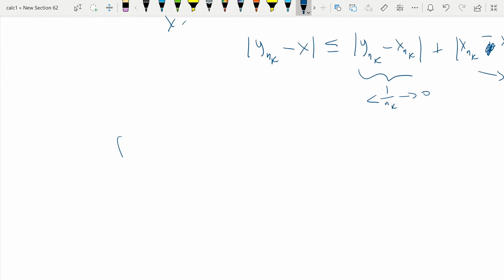So that means, because f is continuous, f of x of nk is converging to f of x, and also f of y sub nk is converging to f of x.